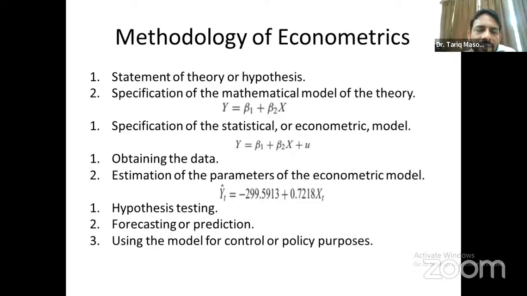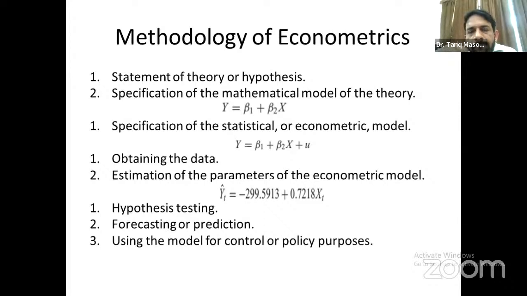Then in the next stage, we express that problem in purely mathematical form. Suppose there is involvement of two variables, y and x. X is the cause and y is the effect. So a very simple mathematical formulation is y = beta 1 + beta 2 x.